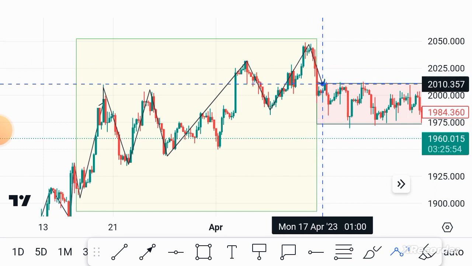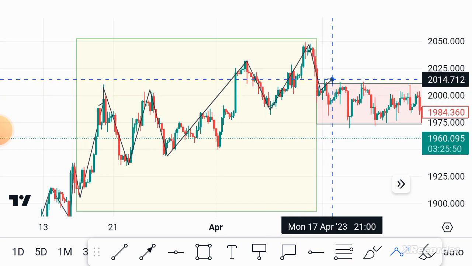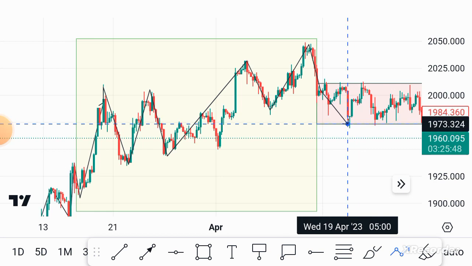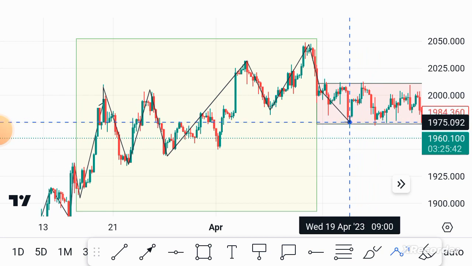So that was what happened, and then price came all the way to this point, and that was how the trade got into a range. Can you see? So this was what happened exactly. So I believe this video has been able to explain with clarity what we mean by an uptrend, a sideways price movement, and a downtrend.